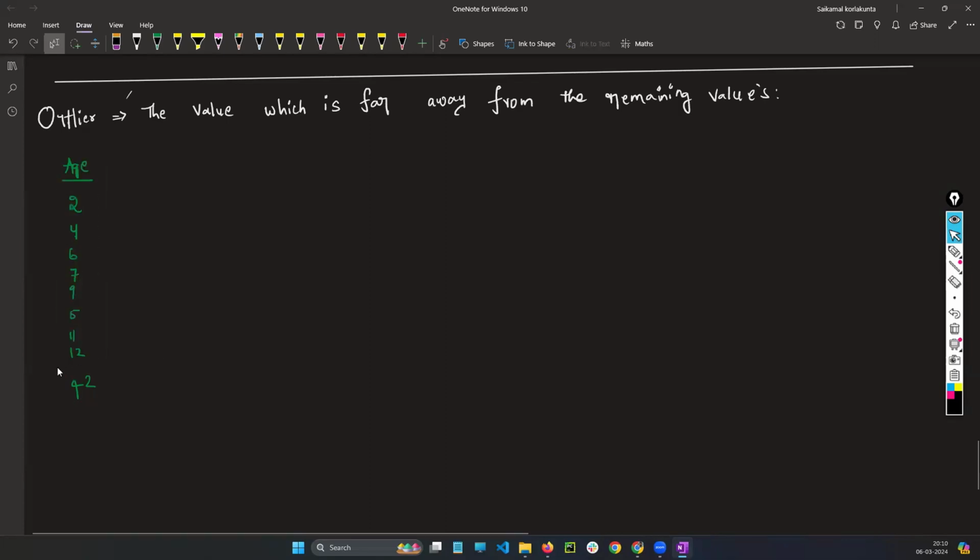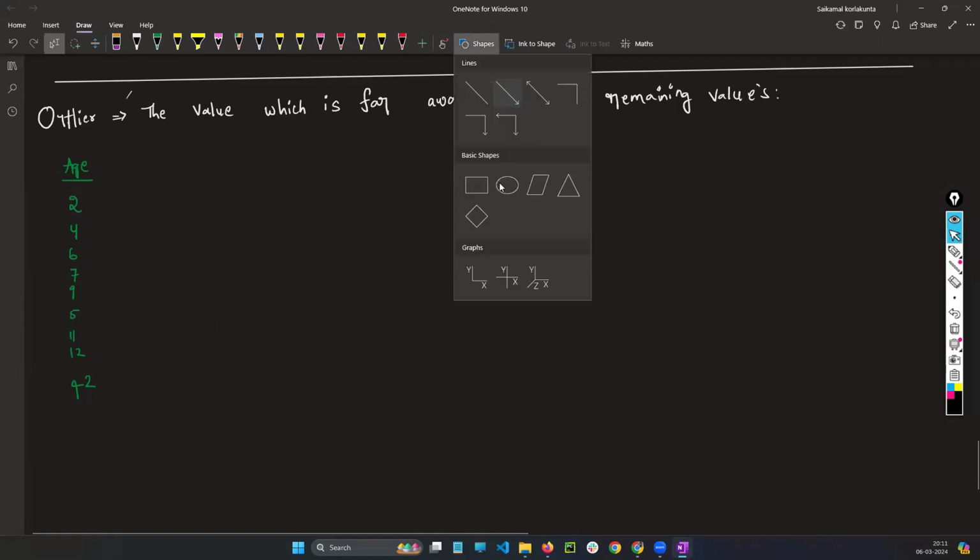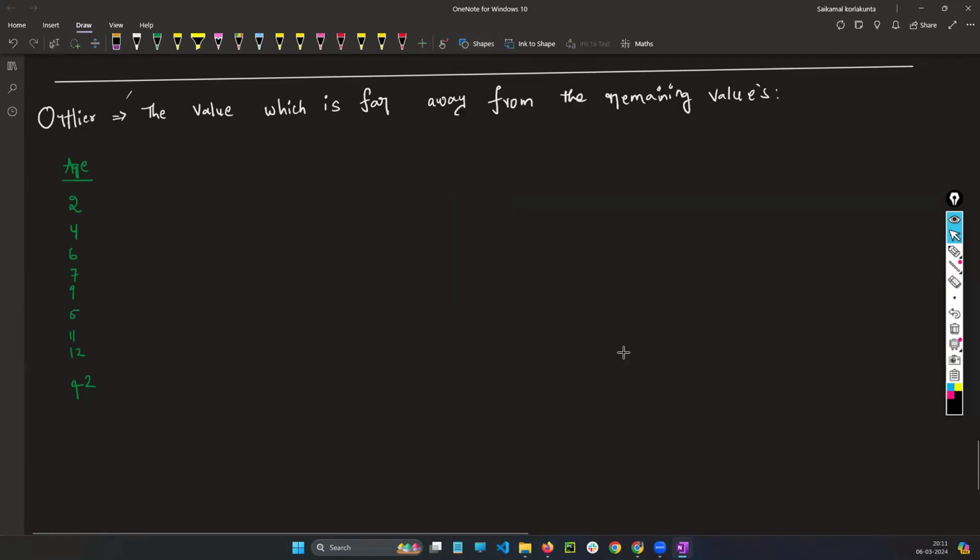But there is one value, 42, that is completely far away from the remaining values. Am I right? Yes, sir. If I make a circle and write the points, 2, 4, 6, 7, 9, 5, 11, 12, everything will be close to each other. But the 42 point will be far away. Yes or no?